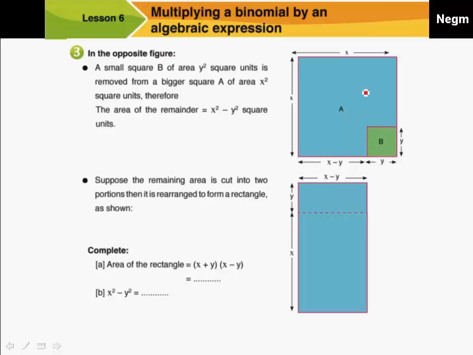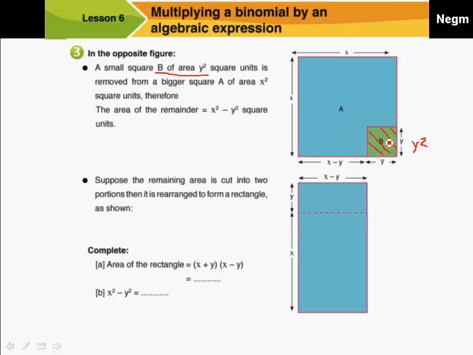In the opposite figure here, a small square B of area y squared. We have here a small square, each side is y, so its area is y times y, which is y squared. This square unit is removed.